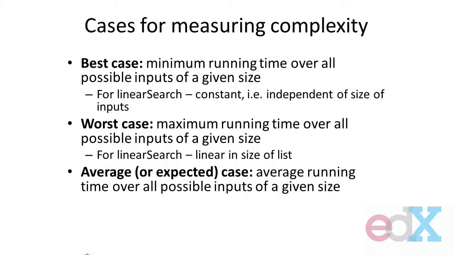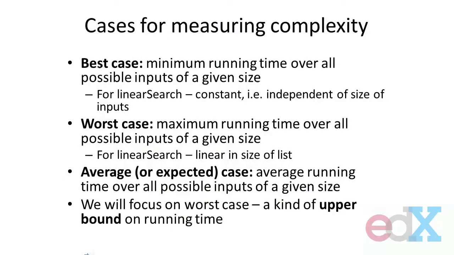That is, just average the running time over all possible inputs of a given size. And that might be more effective in terms of thinking, on average, what do I expect to see? I could even be clever. If I know that my inputs don't come uniformly distributed, they're not all equally likely, if I have some knowledge about how likely an input is, I could even take advantage of that to do my averaging. So an average case, in some sense, for practical purposes, is kind of nice.